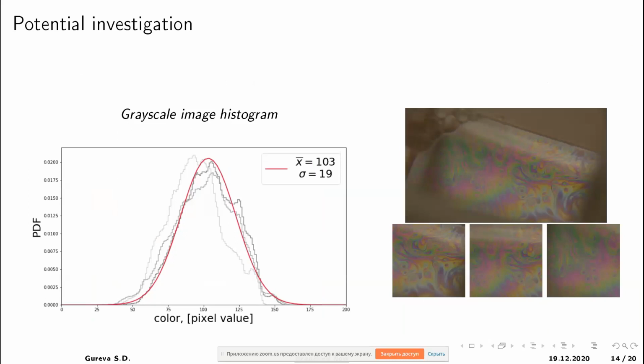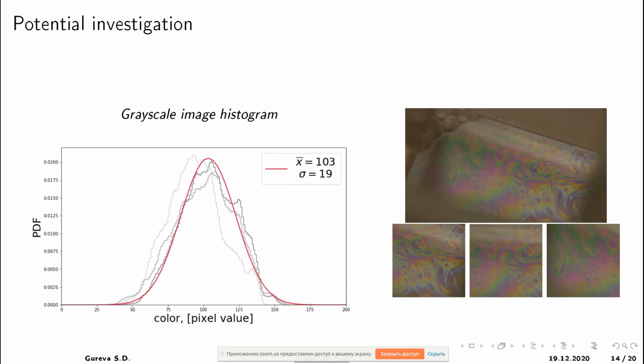I also tried to qualitatively investigate the potential in the film. On the right you can see a sample photo of our film in the cuvette, and on the left there is a probability density function of the grayscale image, and it shows that the distribution of the gray color on the pictures is close to normal.